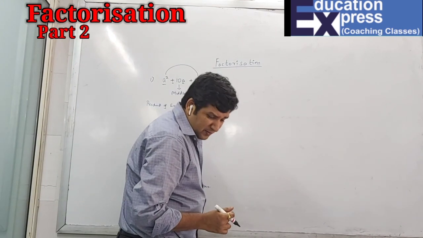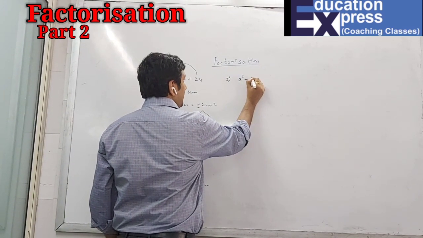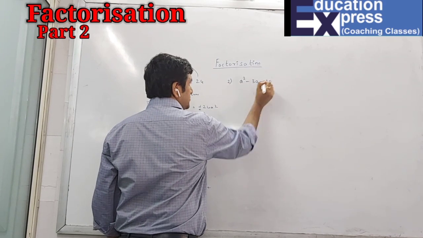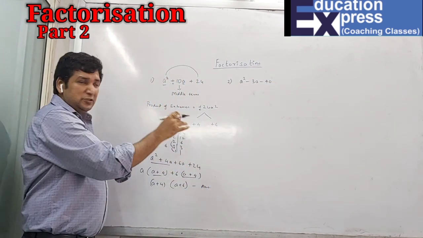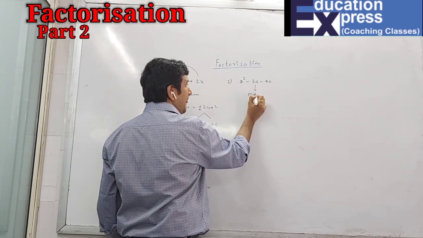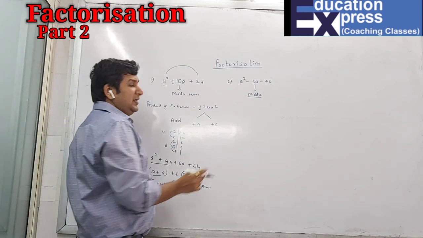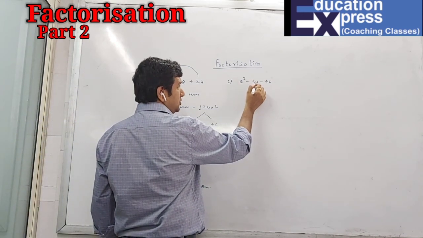So now we start with the second sum. A square minus 3a minus 40. Same to same format. Now you can see that the middle term over here will be 3a because it has the variable with the least power. So this is your middle term.